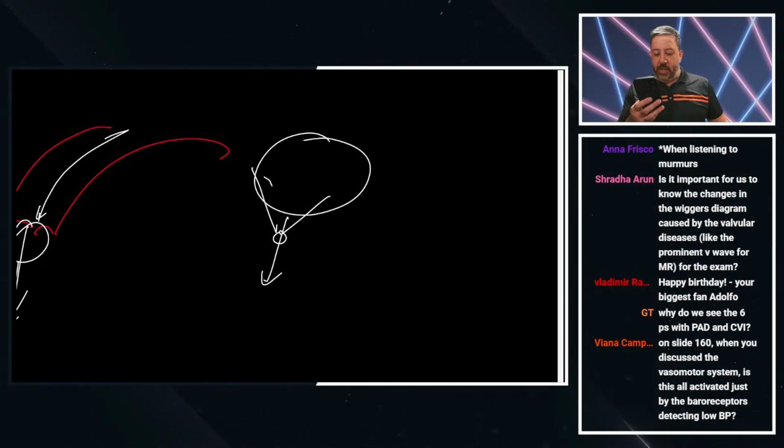Is it important to know the chart changes in the Wiggers diagram caused by the valve diseases? The prominent V wave changes, yes, because that is something that you're going to have to know regardless because of PD when you do your JVPs. That gets altered depending on what's going on with the heart and how it's working.